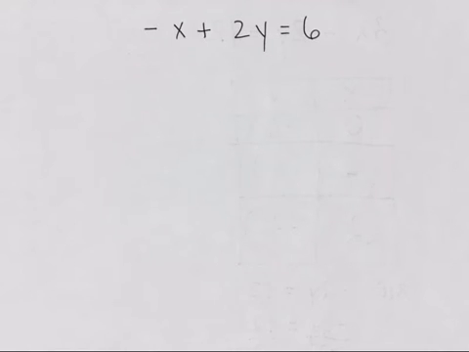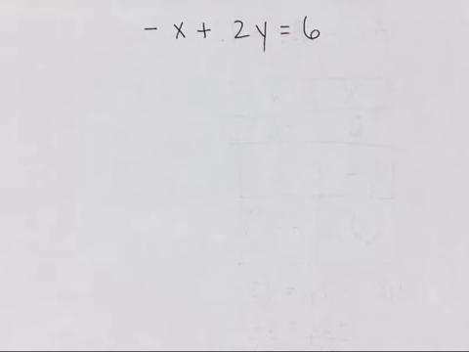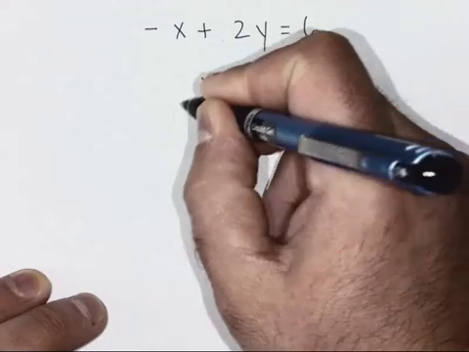Okay, so we're going to start out with a linear equation here, negative x plus 2y equals 6. If you have a linear equation in which the x and the y are both on one side of the equation, it really lends itself nicely to finding the x and y intercepts, which we can then use to, of course, graph the equation.